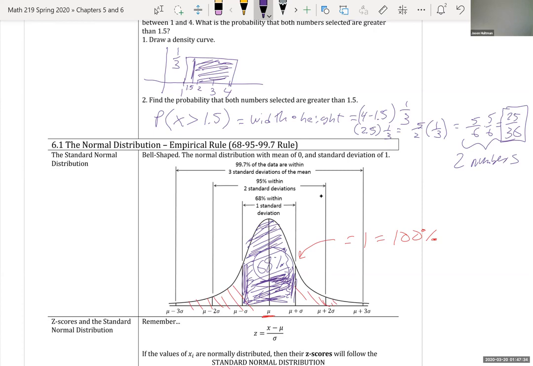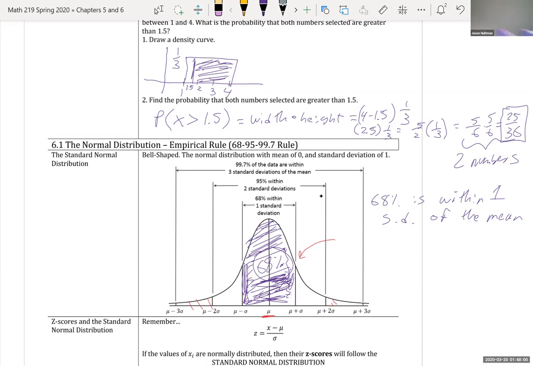So 68% is within one standard deviation of the mean.